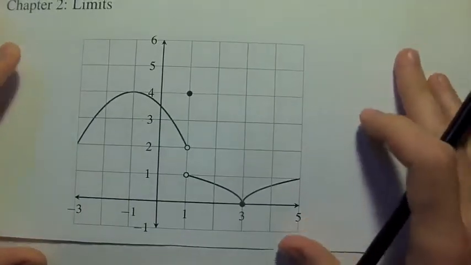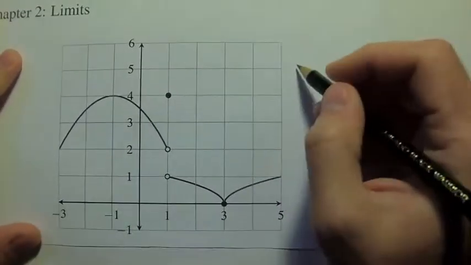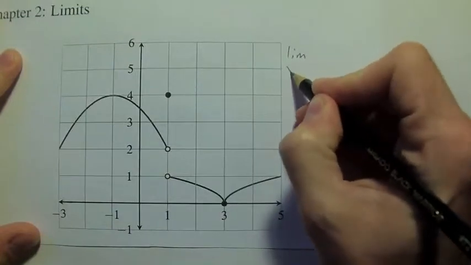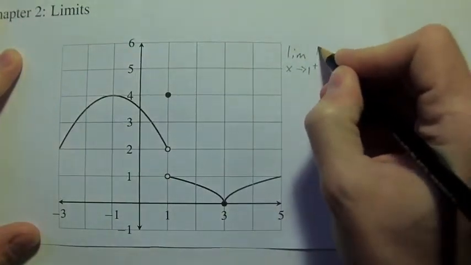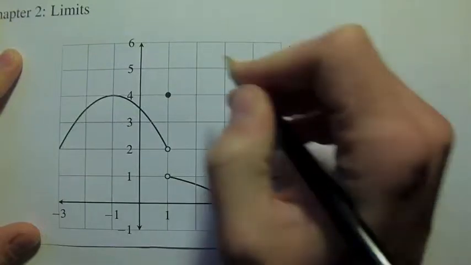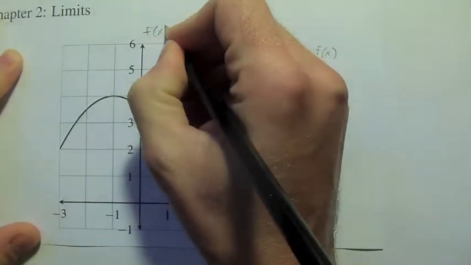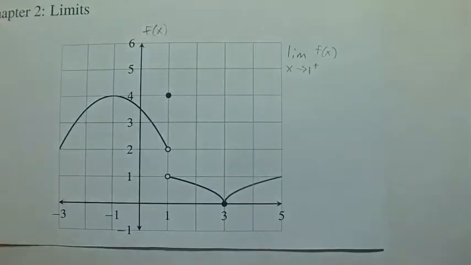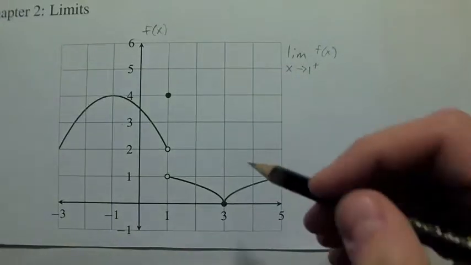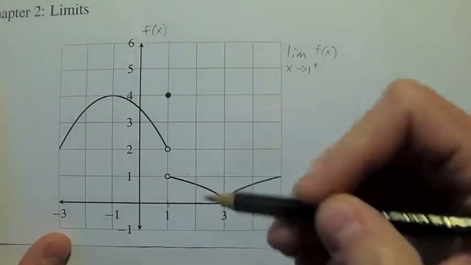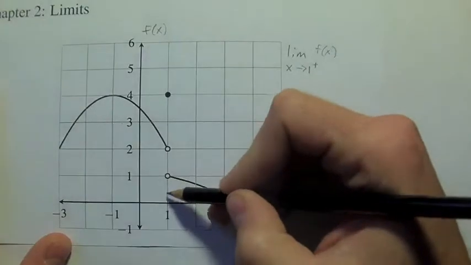So I'm going to start, let's say, with the limit as x goes to 1 from the right of f of x. Let's say this is a graph of f. Remember, this is my x value I'm looking at, 1.